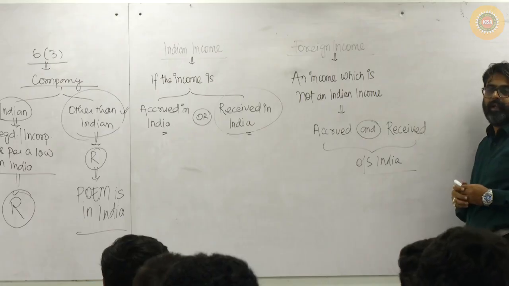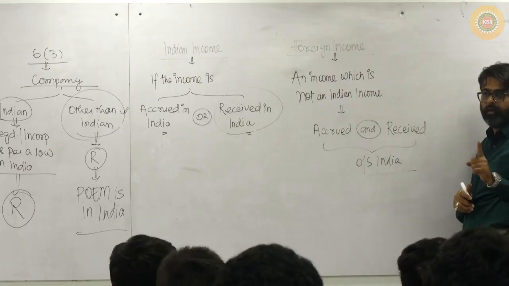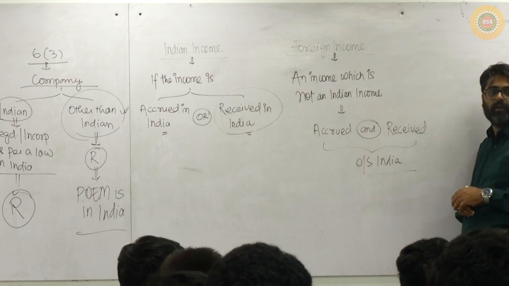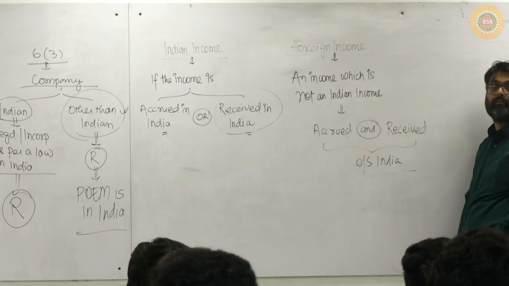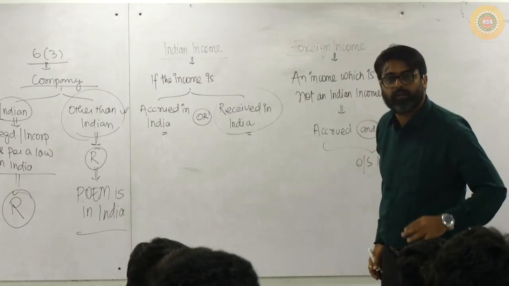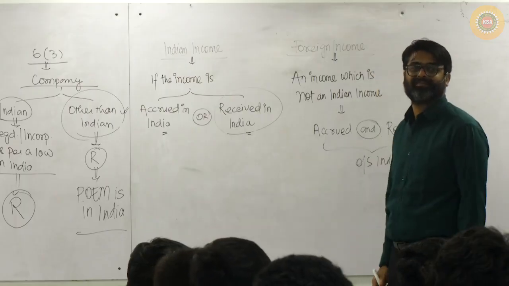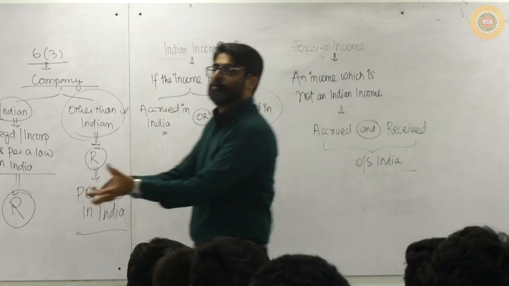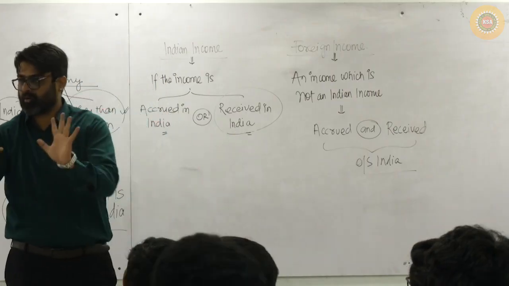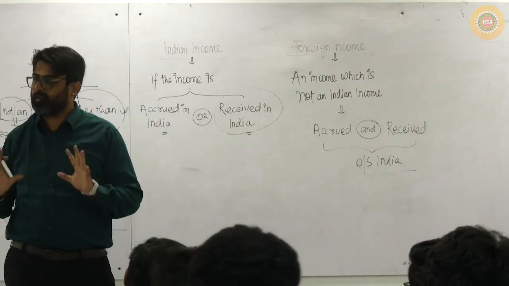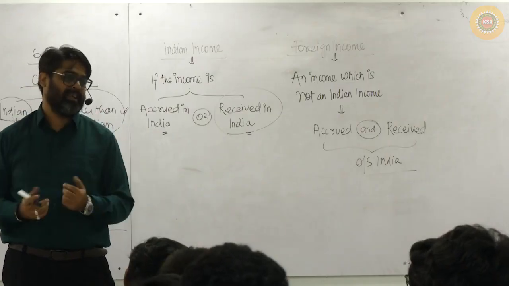Will you remember this? In the examination, never write Indian income or foreign income. You will not get a single mark. In the examination, you will have to write accrued in India. The examiner is smart. He will understand that you are writing Indian income. These words are to be used only for our understanding in the class.